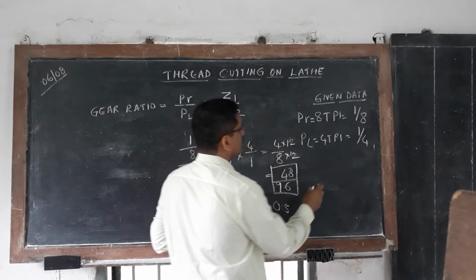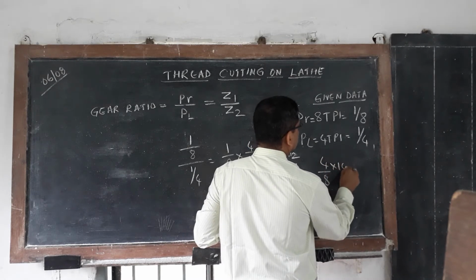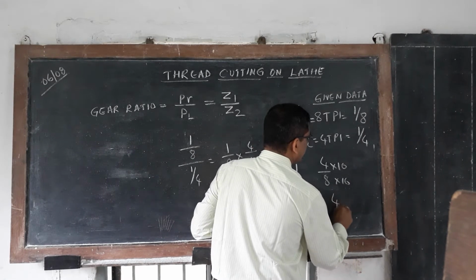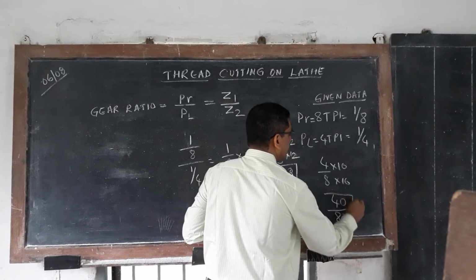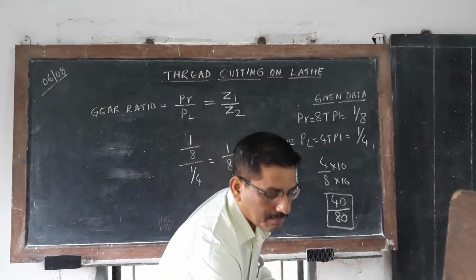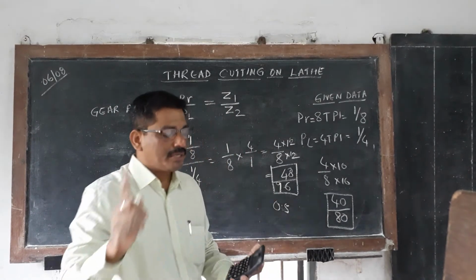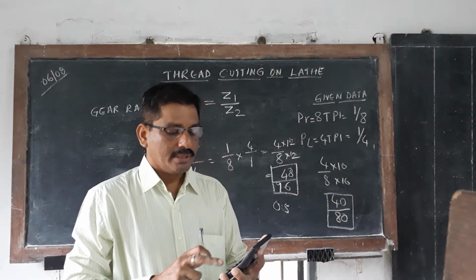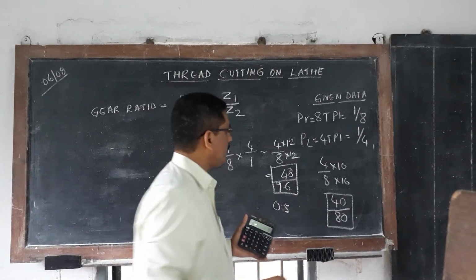Same thing if you want, now 4 by 8 into 10 into 10. This is also possible, 40 divided by 80. Again, you do it yourself. The ratio you have to get is 0.5 only. If you divide 40 by 80, it is coming the same 0.5.